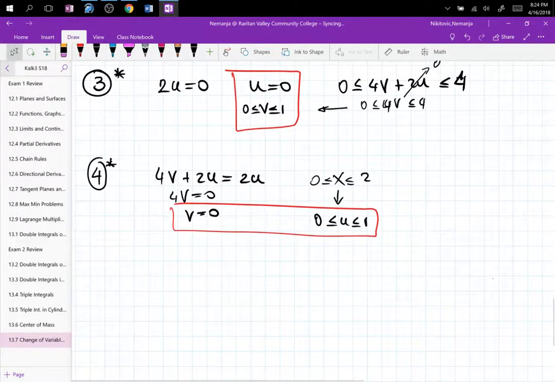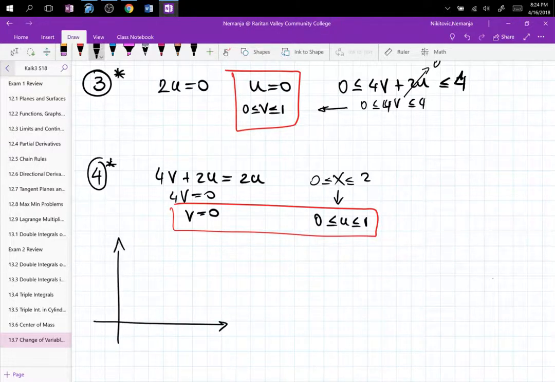If you carefully graph these onto the new coordinate system, what you have is this wonderful square with corners 0, 1 in the uv domain. So that transformation took a region R, which was a parallelogram, and transformed it into a square.